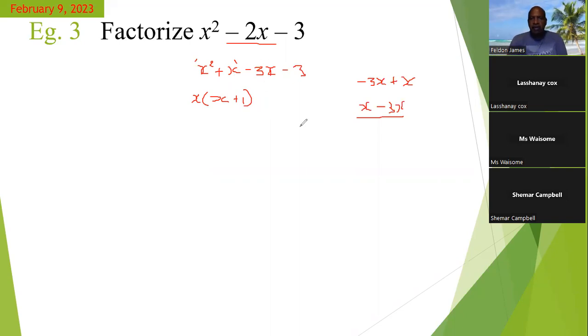What would you use now for your HCF for the second bracket here? What is common? -3. All right, so let us use -3. So -3 into -3x, what are we going to get? Positive x. So we will have the -3 cancel out, leaving positive x.